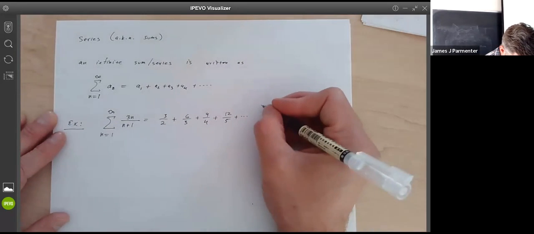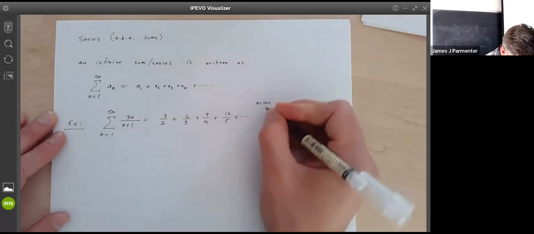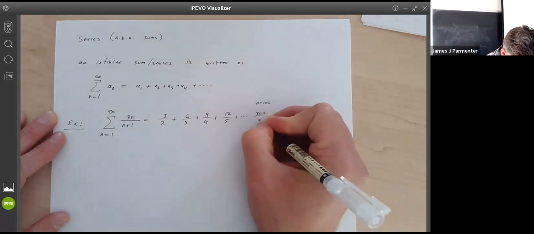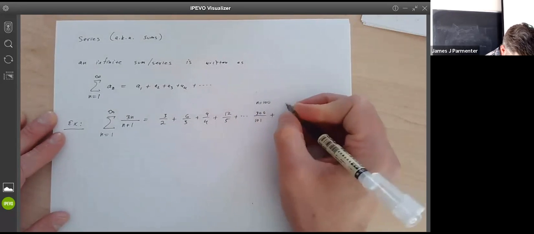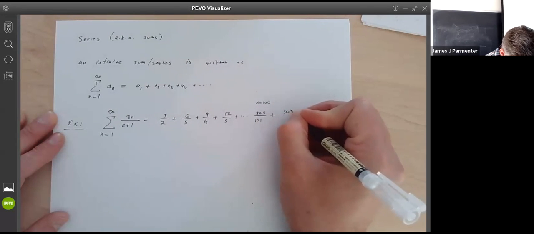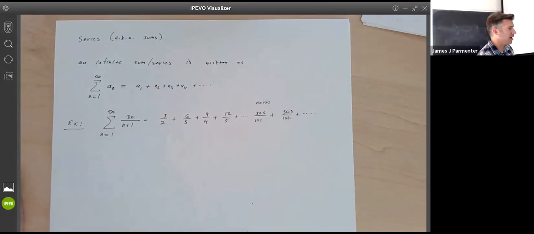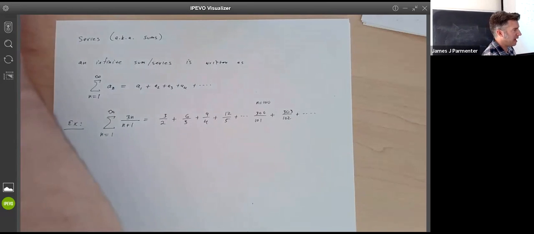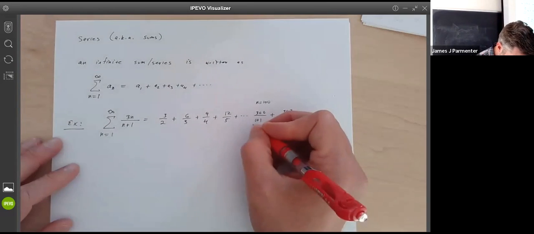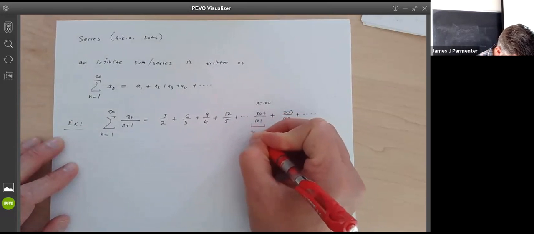When I go way out, like to say the 100th term, I'm going to get 300 over 101. And then the next term is going to be 303 over 102, and so on. I'm adding up a lot of things. And I'm adding up things that are eventually getting pretty close to what?